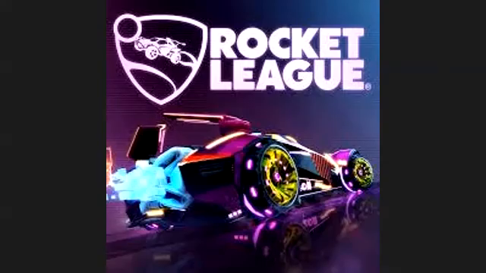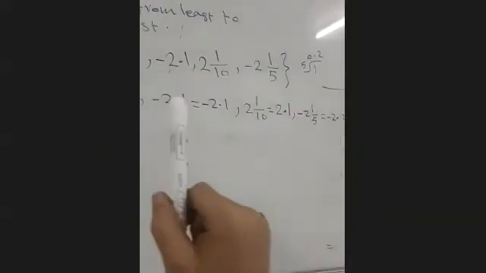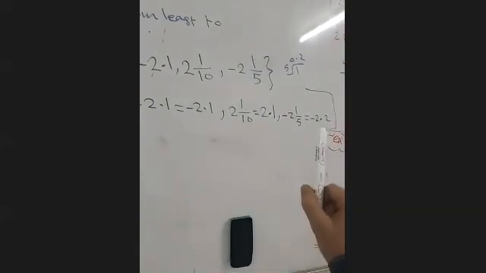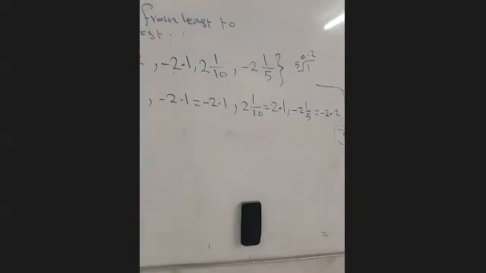You have noise around you, I cannot hear you. Negative 2.1 or negative 2.2, the least one?